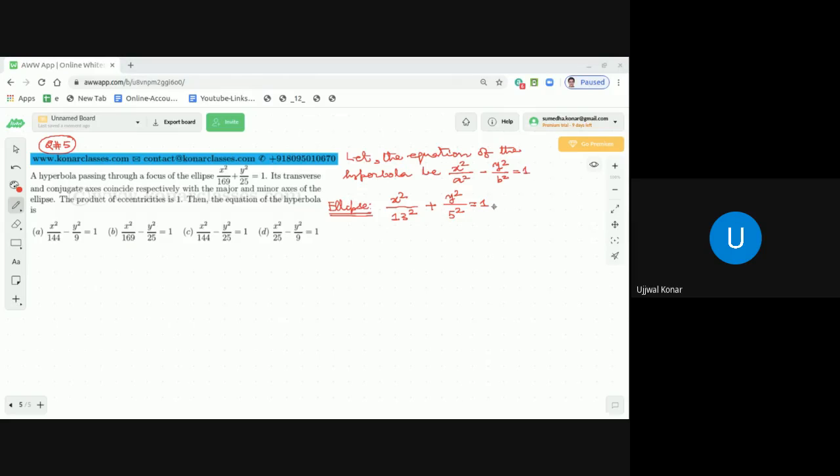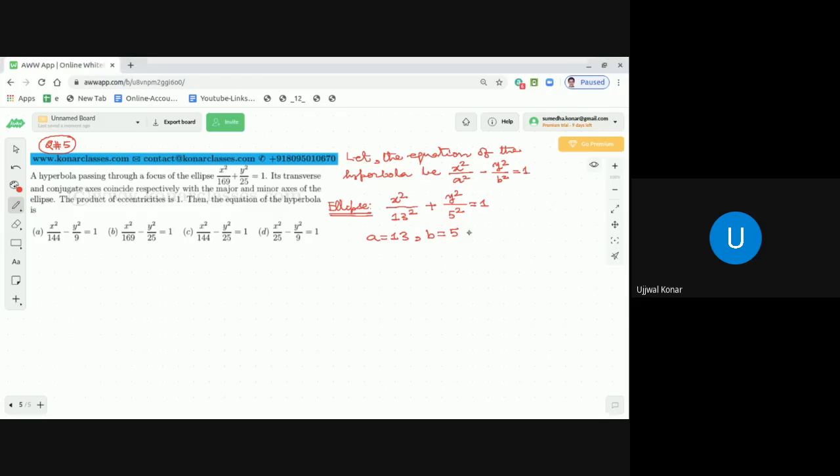This is the equation of the ellipse. Now, if you make an analogy with the standard equation of the ellipse, that is x square by a square plus y square by b square equal to 1, what we get, dear students? We get a is equal to 13 and we get b is equal to 5, correct?